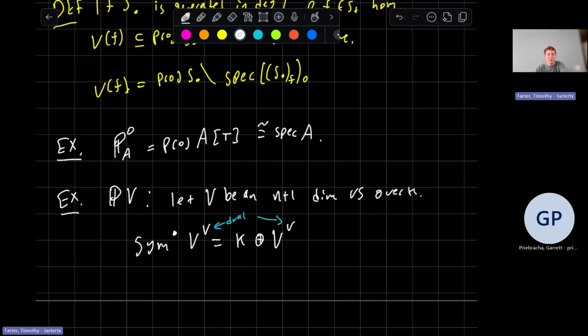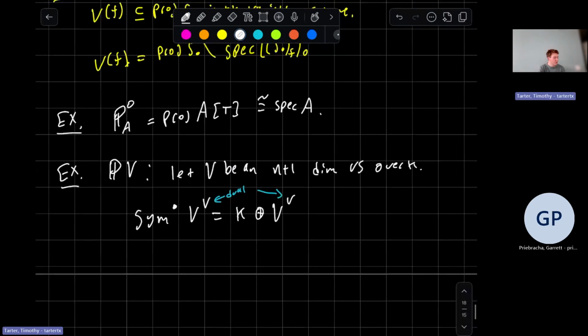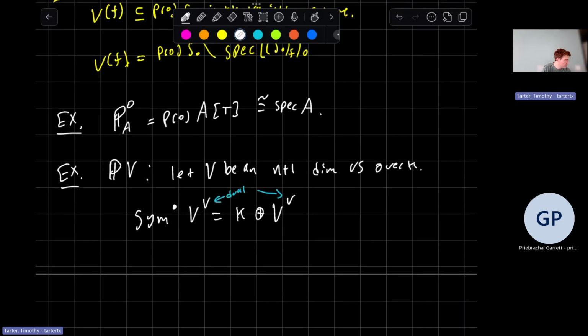Which are the K homomorphisms. Okay, that makes a lot of sense. Wait, hold on, this definition is making less sense.